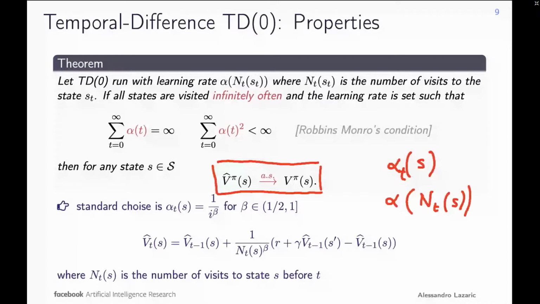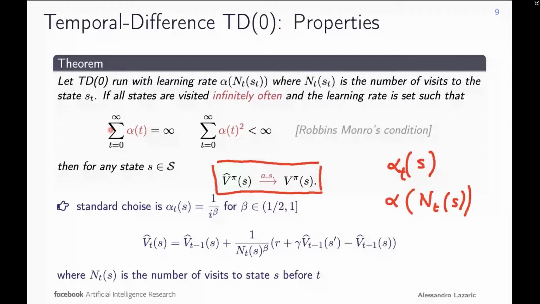So for the convergence itself, the conditions are actually quite mild. What we are asking from the learning rate is that, with the number of samples, it does not decrease too fast, so that the series of alpha t is actually divergent.